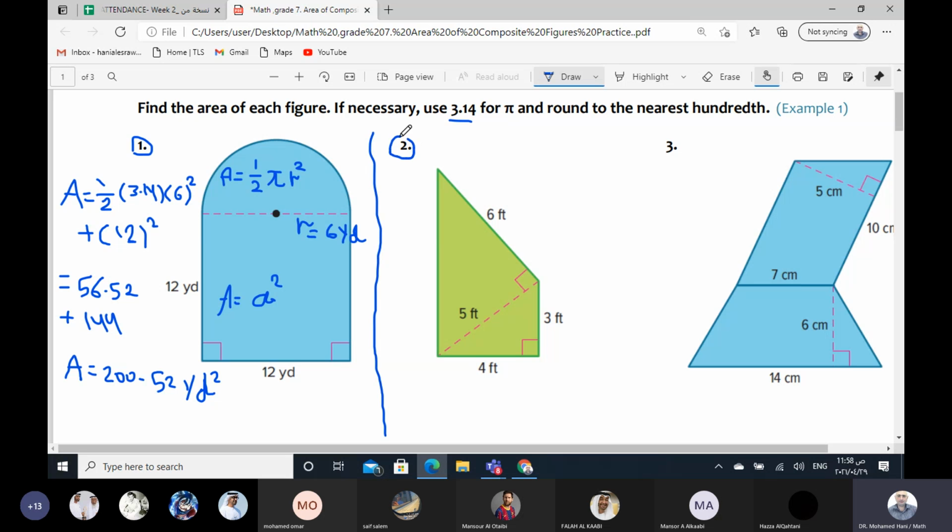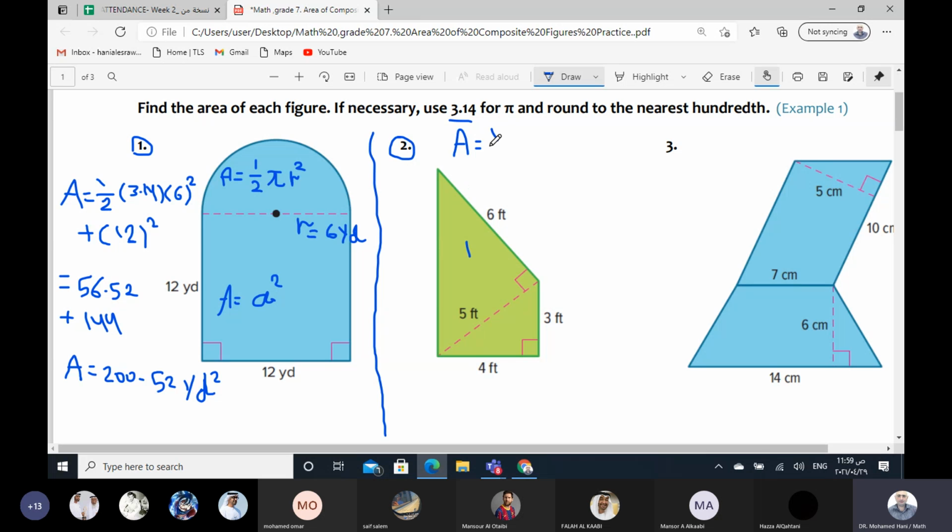Exercise number 2 here. As you see here, we have two triangles. This is the first triangle here, and here is the second triangle. So the area of the composite figure will be the area of the first triangle.